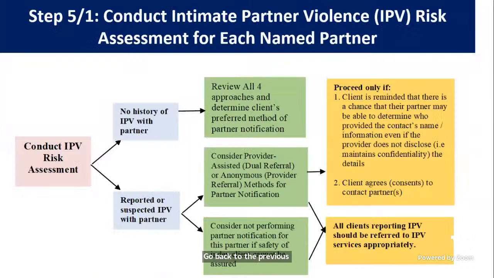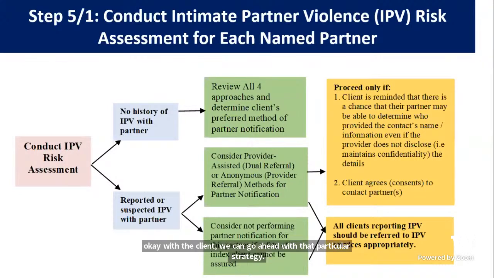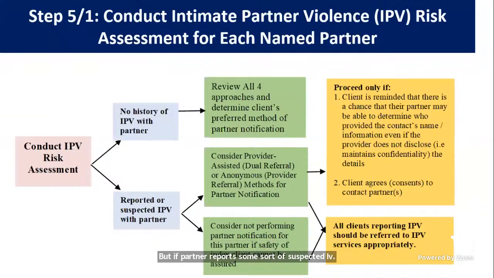For each and every partner listed, you have to ask those questions. And if there is no history of IPV with the particular partner, you can offer those 4 different strategies as I was discussing before. Out of those 4, whatever is okay with the client, we can go ahead with that strategy. But if the client reports some suspected IPV with the partner, we can again discuss in detail.